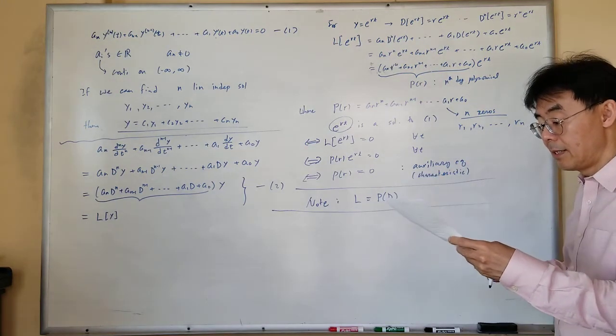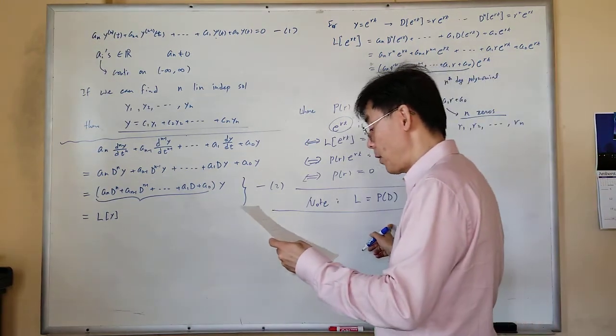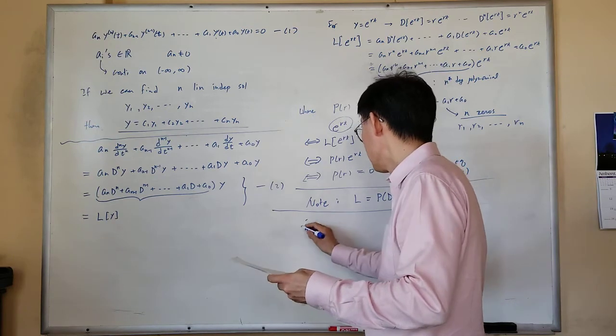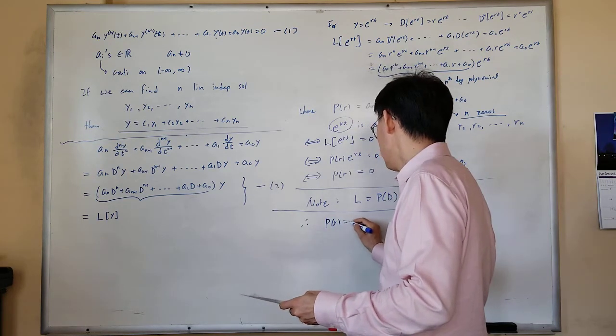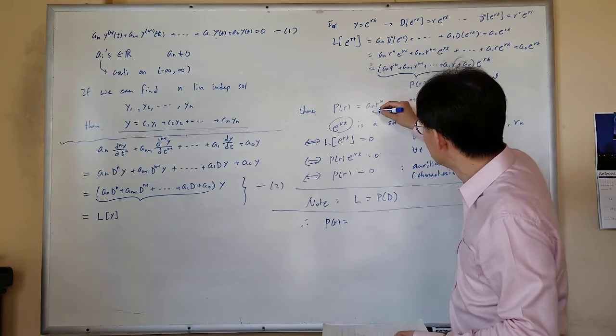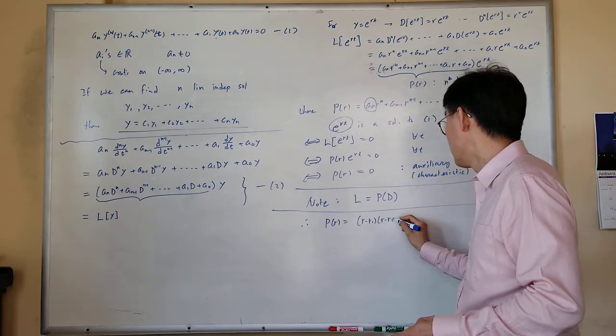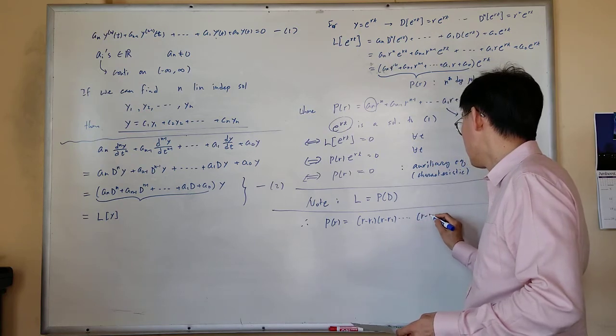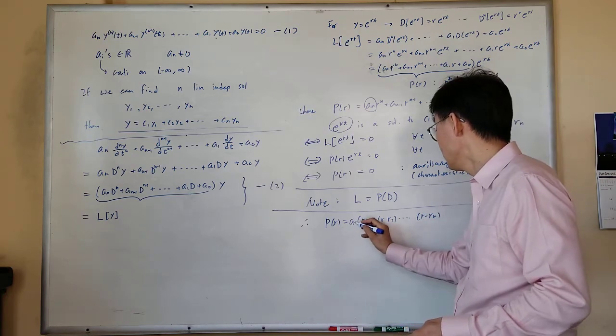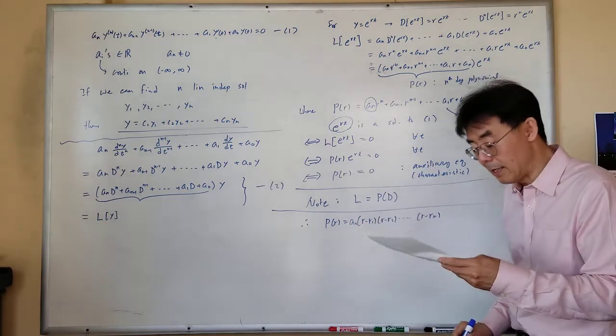That means, therefore, p of r can be written as a times (r minus r1), (r minus r2), all the way to (r minus rn), with leading coefficient a.